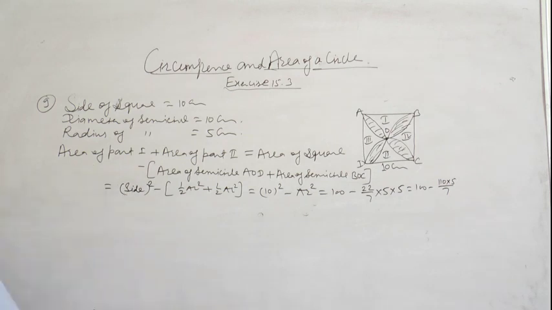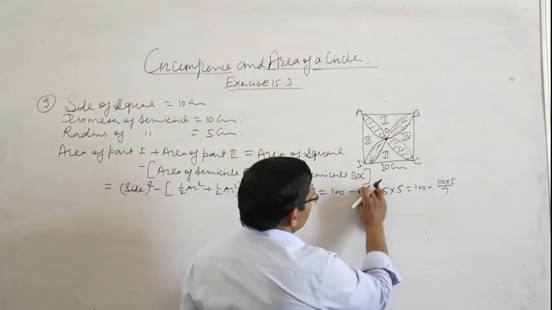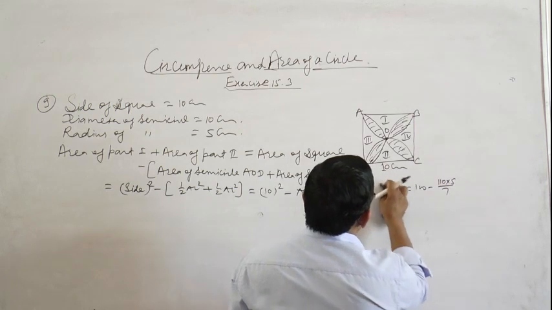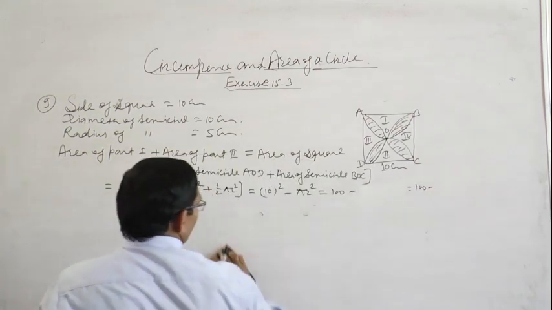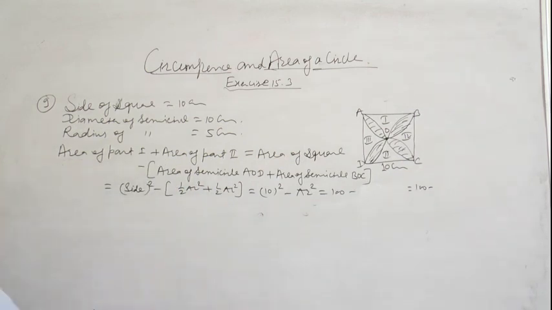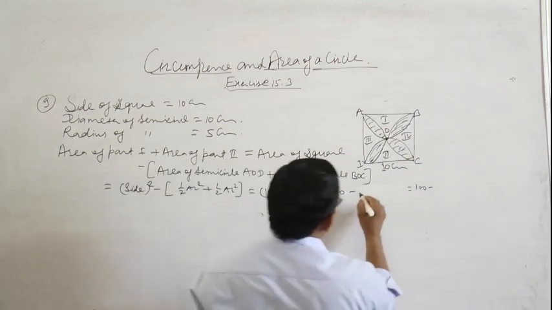Because in this question value of pi is given, that is 3.14.